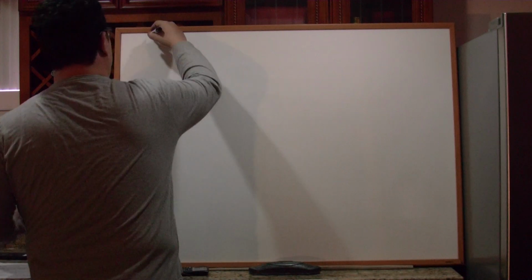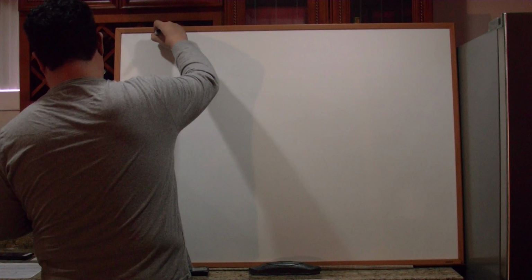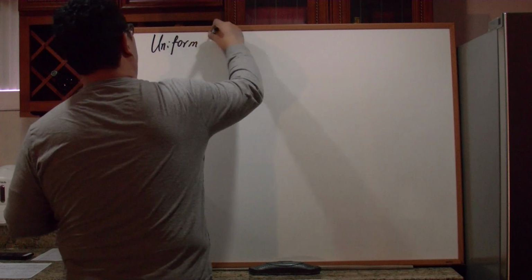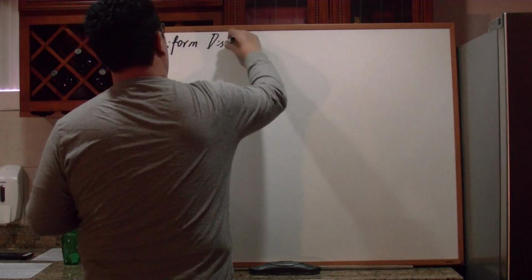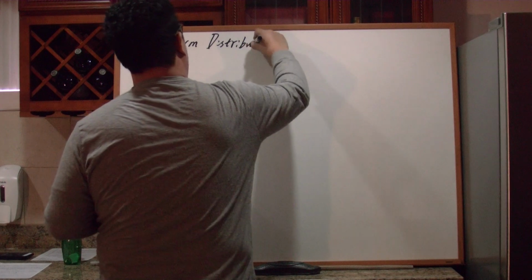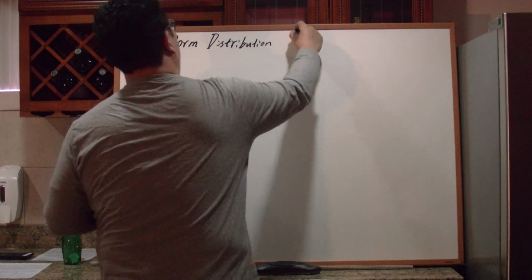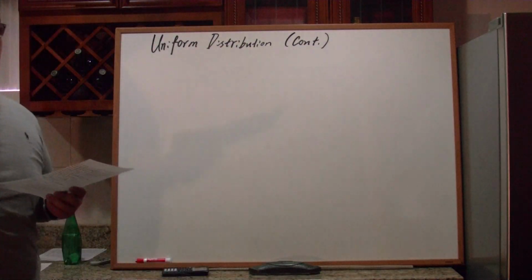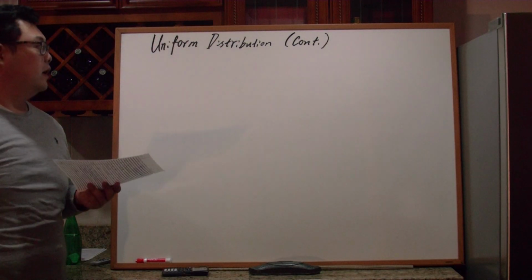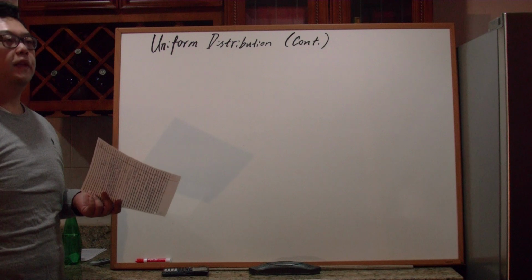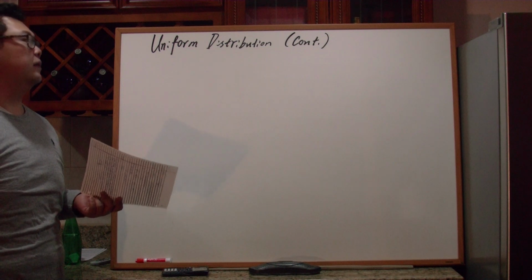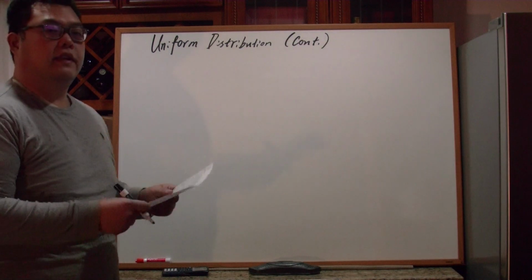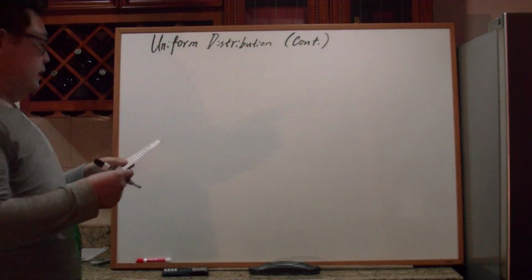Another distribution is called uniform, in the continuous version, right? In discrete probability distributions, there is also a uniform distribution. Uniform means the density is a horizontal line.